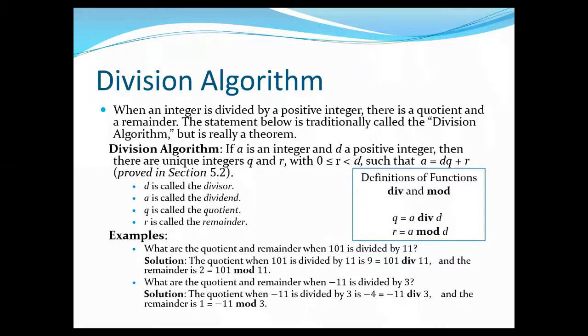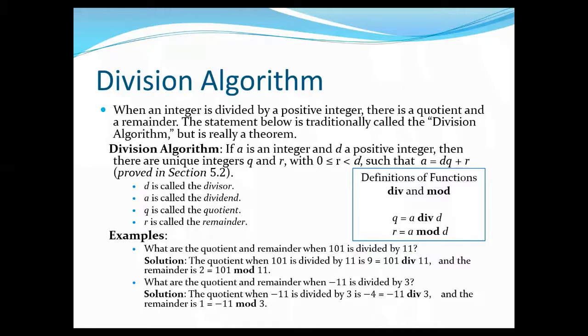So this will be the result. Negative 11 divided by 3 is negative 4. Why negative 4? Why not negative 3? Because if we use negative 3 as the result here, what will be the remainder?